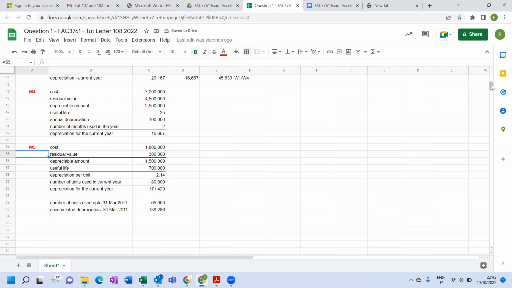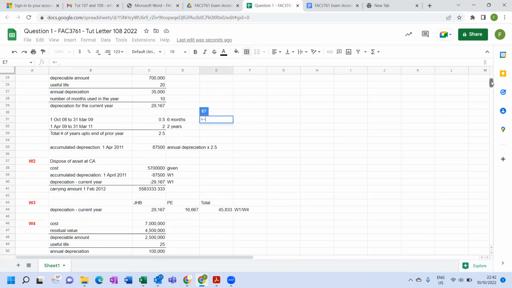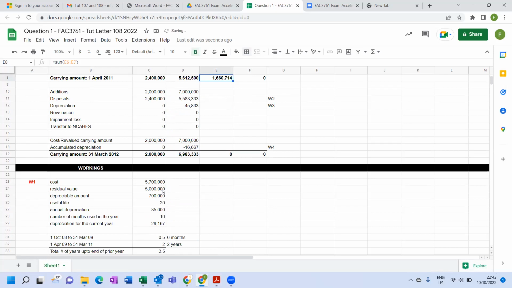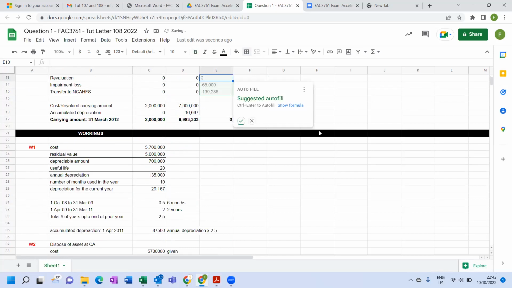So accumulated depreciation will be that, and then depreciation is that. There we go.